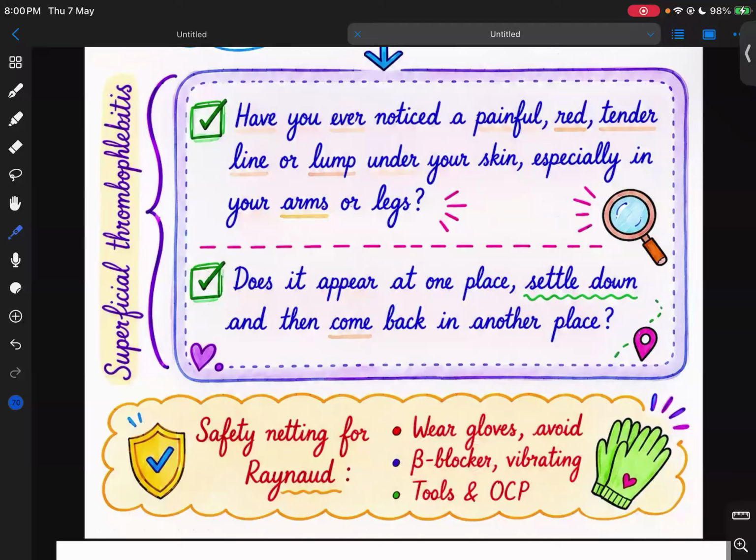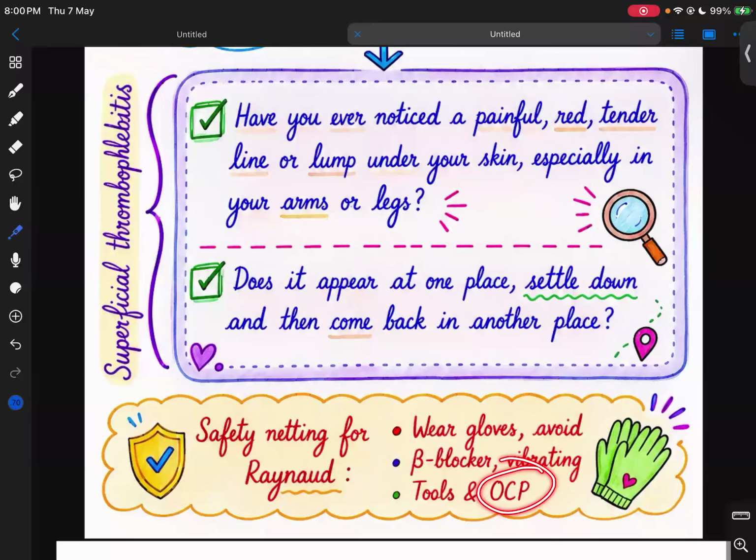Because the patient may have some anxiety disorder and she is taking propranolol. You have to stop that. She may tell you that I use some vibrating tool because this is my hobby of doing gardening. You also have to tell her no, do not use the vibratory tool. And tell her to stop the OCP.